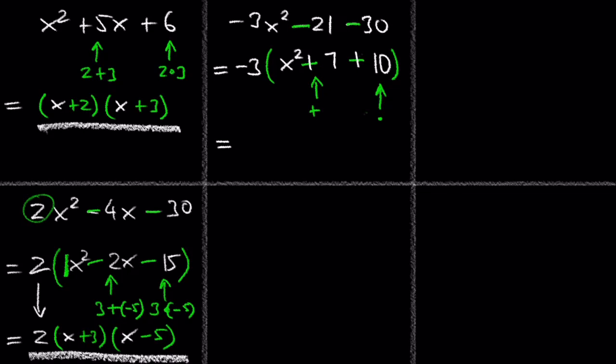The numbers are 2 and 5. 2 times 5 is 10 and 2 plus 5 is 7. So we can write negative 3 times (x plus 2) times (x plus 5).